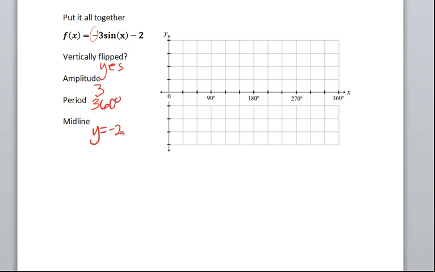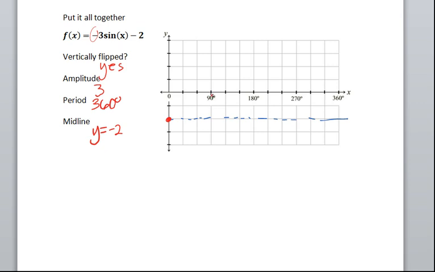So here's what I do. I'm going to actually run out of space on this graph because I didn't really plan well, but oh well, you'll see. So I'm going to start with my midline. And this line really doesn't exist. I'm just going to draw it in here just as a reference. That's y equals -2. And then what I do is I do my amplitude. Okay, so I know that sine starts at the midline, and then at 90 degrees it goes to the max, and so my amplitude is 3.